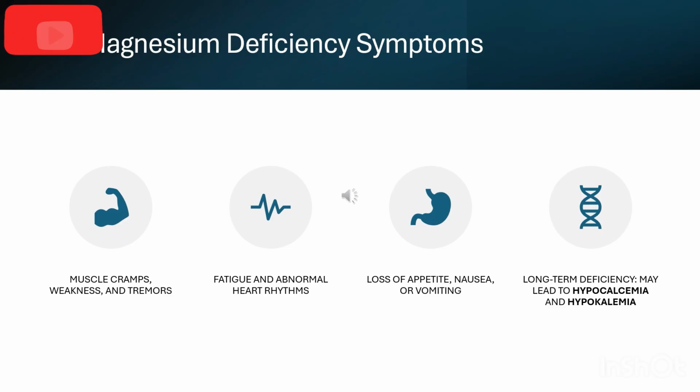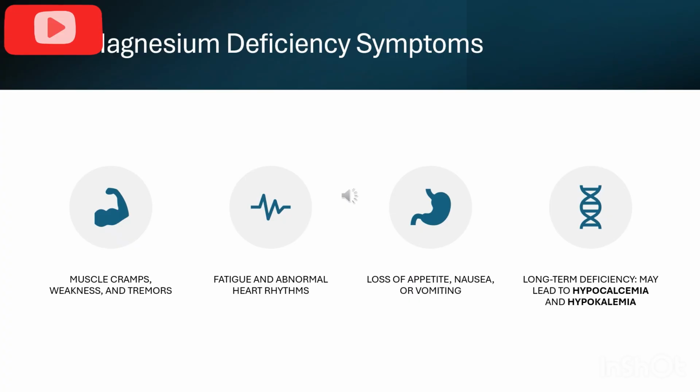Magnesium deficiency symptoms. When magnesium levels fall below normal, a number of symptoms can develop. These include muscle cramps, tremors, and general weakness, which occur because of impaired nerve and muscular activity. Other symptoms include fatigue, loss of appetite, and irregular heartbeats.